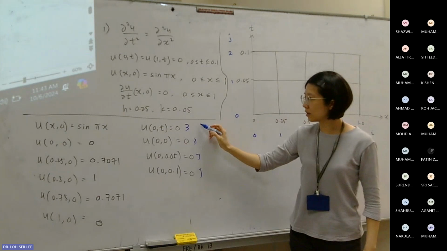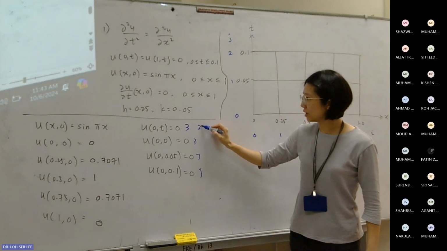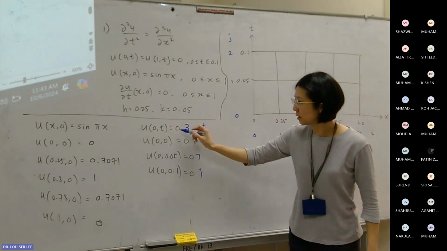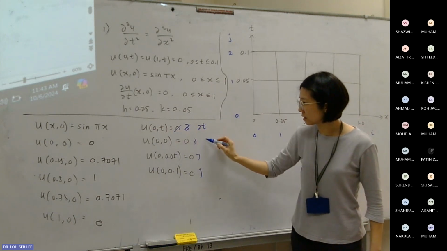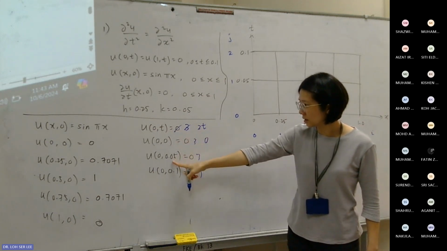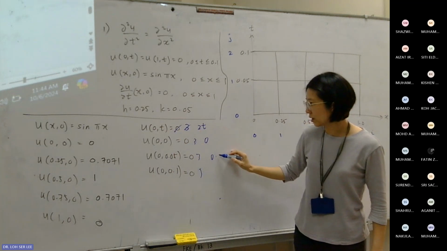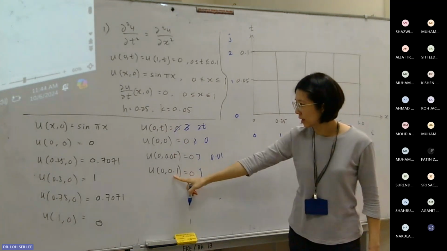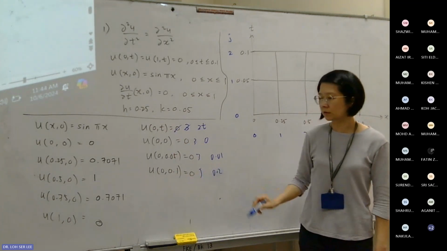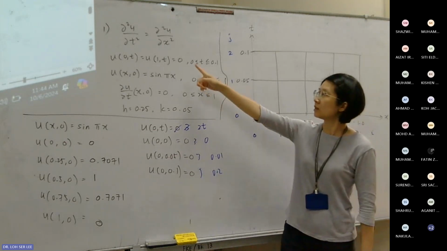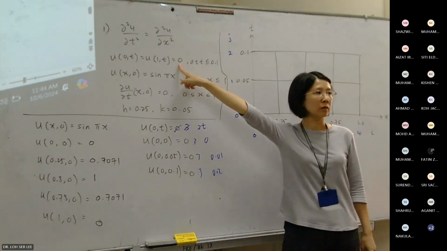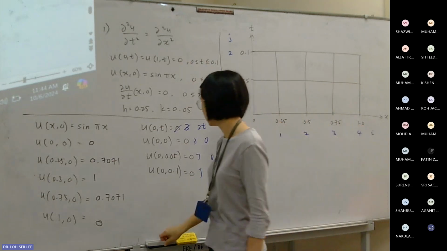If this is given as 2t, that means t is 0, you get 0. T is this one, you get 0.01. This one times 2, 0.2. Okay, for the finite difference method, this can be anything for the boundary.